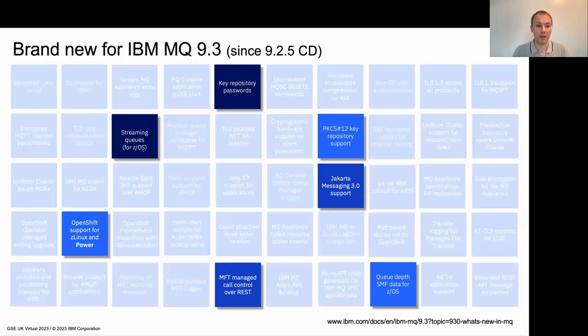Firstly, for those on the continuous delivery framework, the 9.3 release is also a CD release, as well as being stabilized for longer stability. Therefore, we've got a bunch of other enhancements that are brand new to 9.3 over and above 9.2.5. And we're going to talk about some of those in this session.